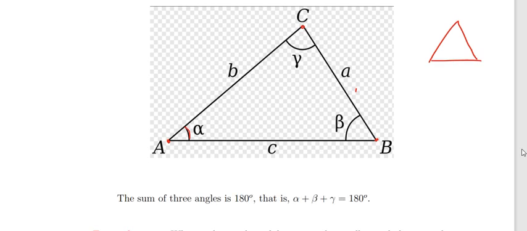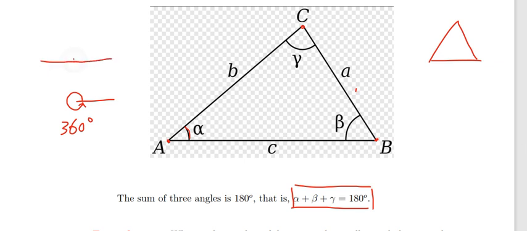For angles, first we have alpha plus beta plus gamma is 180 degrees. For degrees, we define the angle turning around one full circle as 360 degrees. And this angle is 180, which we can also call a flat angle.